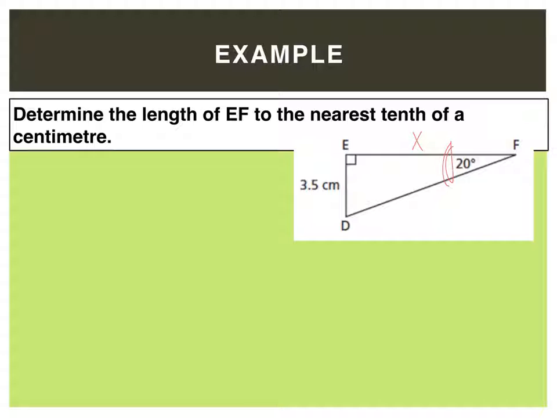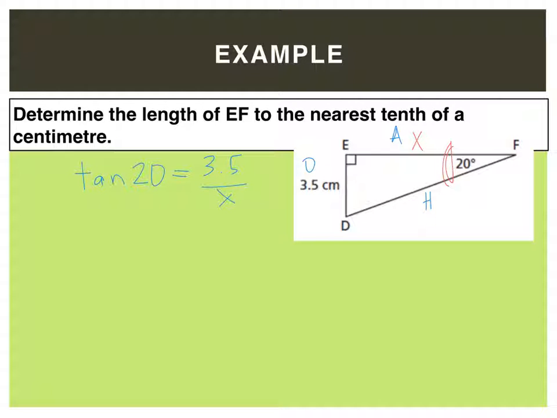Now if I'm labeling my sides OAH, H would be which side? D to F. O would be 3.5, and A then has to be the x. So now if I set this up, I have tan 20 equals O over A, so it's 3.5 over x.